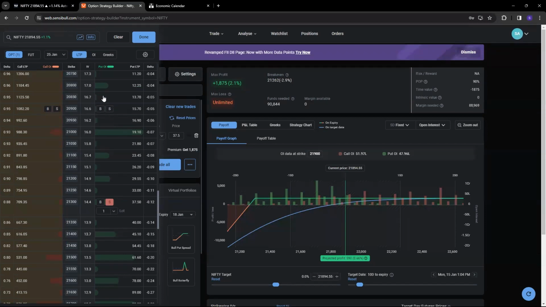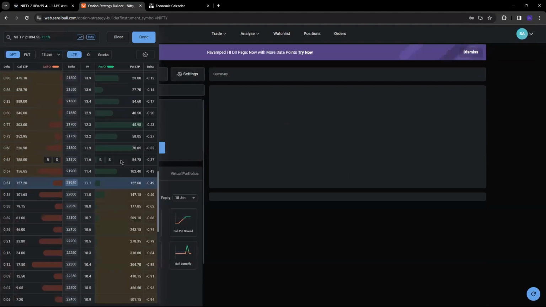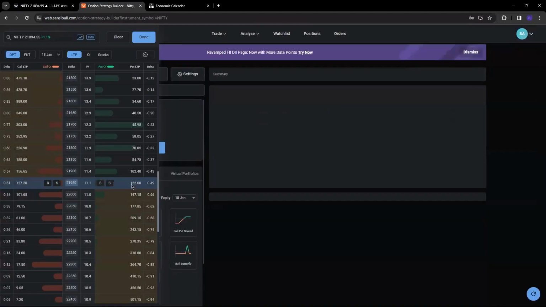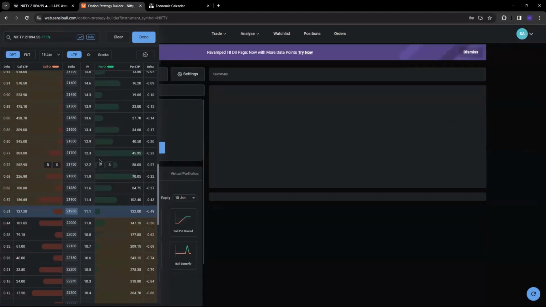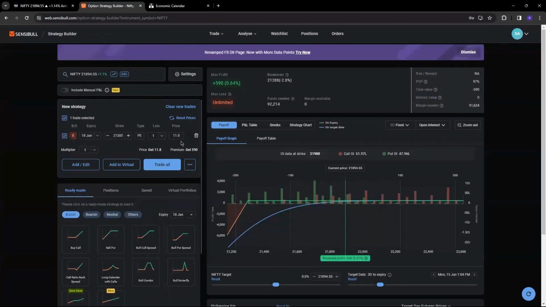Okay, so on the 9th or 10th, the market was trading around the 21,450 level. If you see the option of 21,300, that's nearly 150 points away. Right now it's trading at 11 rupees, okay, 11.8.